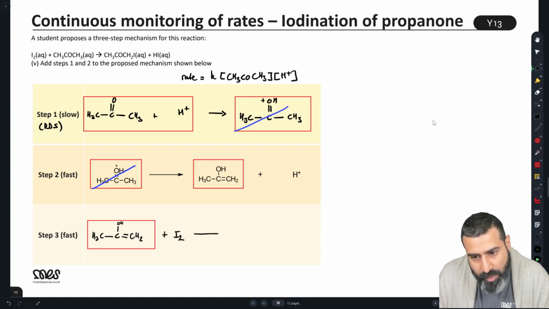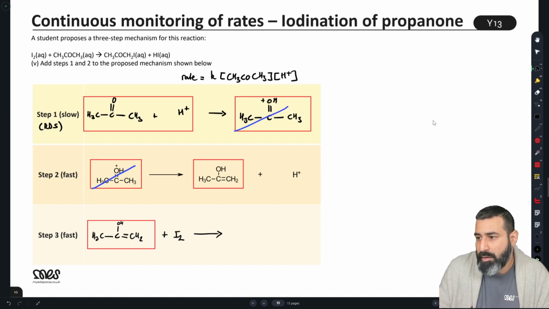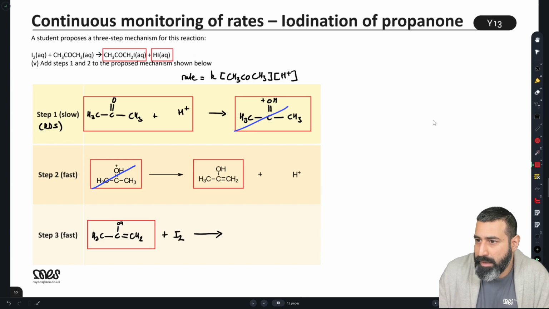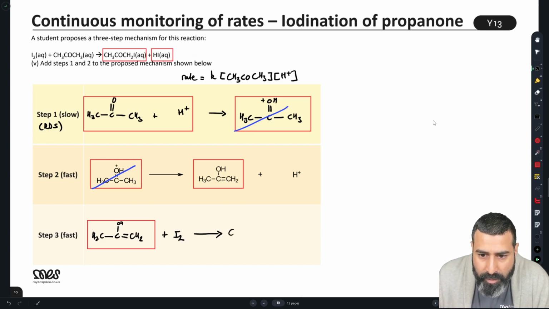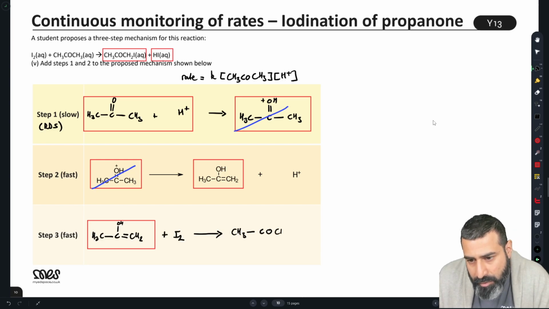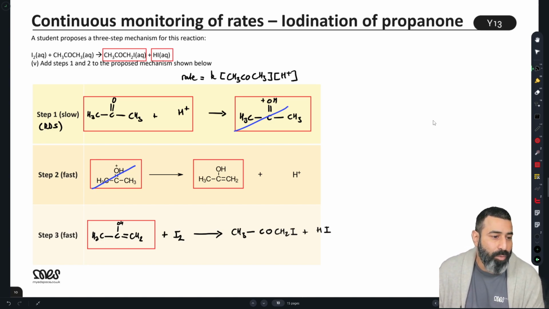If I put the I2 in step number 3, presumably I make this reactant and I make HI. Let's have a look. So I make CH3COCH2I plus HI.